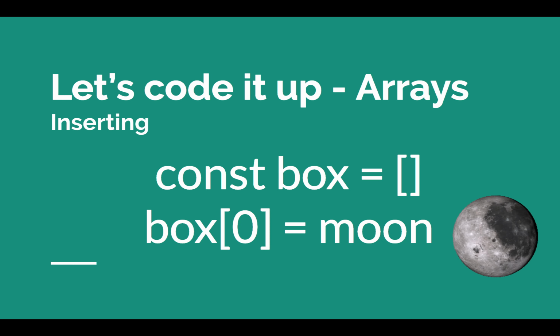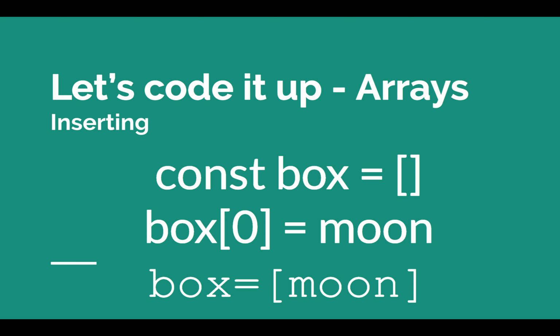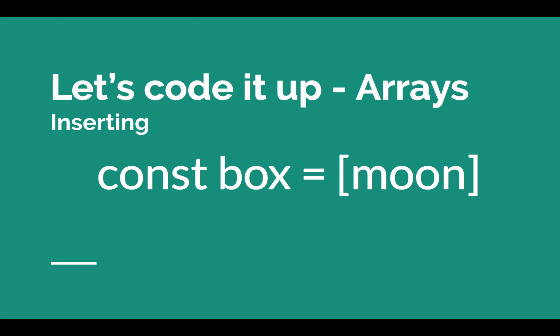We're going to say it equals moon. So what this does is, inside of the code, we've said that our array box has 1 item in it, and in the first index, it holds the moon. So we've got our constant box, and it has moon in it.